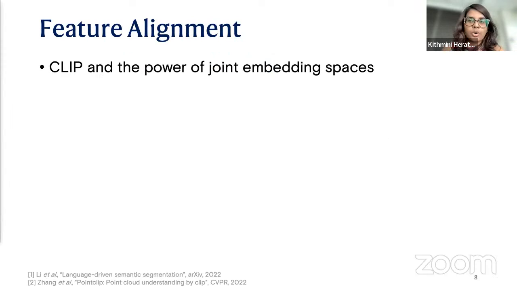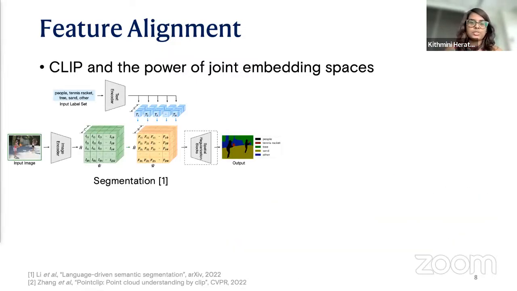And now another line of work shows the power of joint embedding spaces and the importance of feature alignment, especially coming from CLIP-based models. When it comes to segmentation, you can use a CLIP-based model with a very small modification.